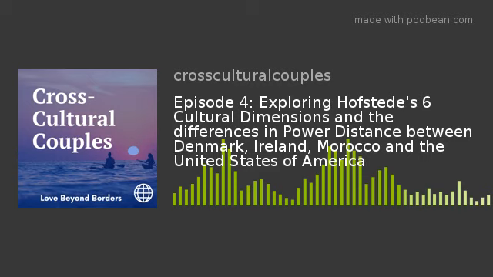So at a score of 70, Morocco is a hierarchical society. Sorry, that's a hard word for me. This means that people accept a hierarchical order in which everybody has a place and which needs no further justification.